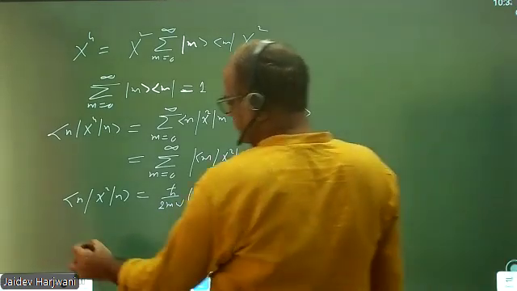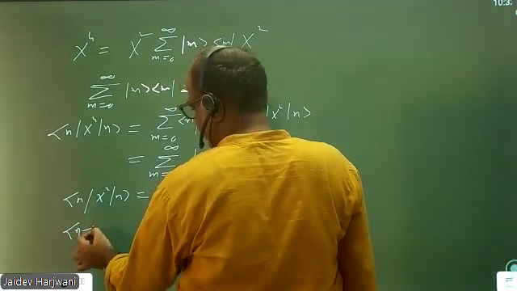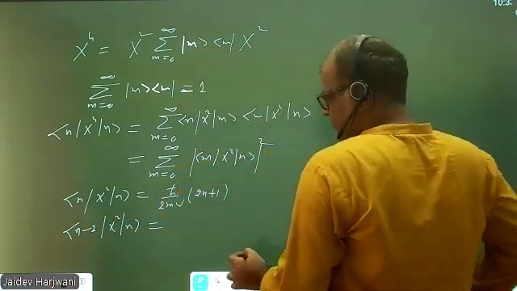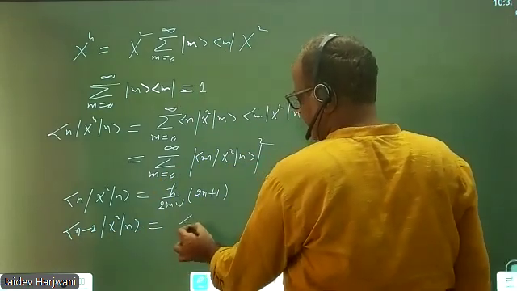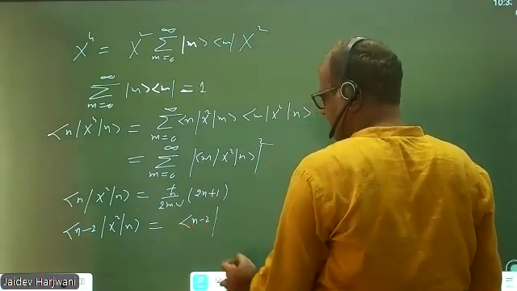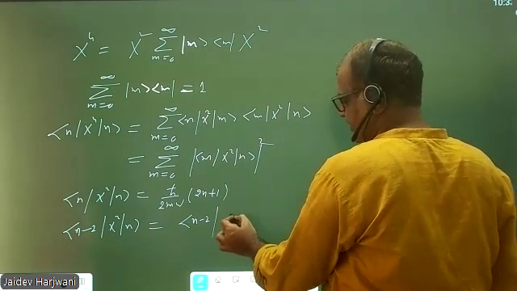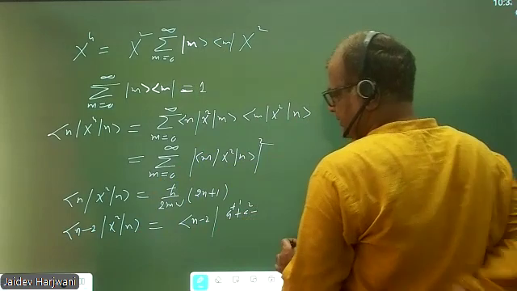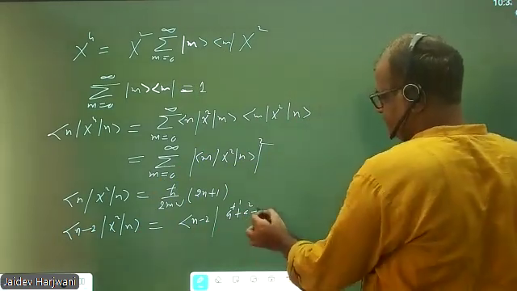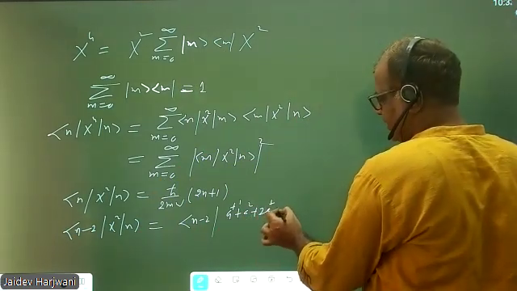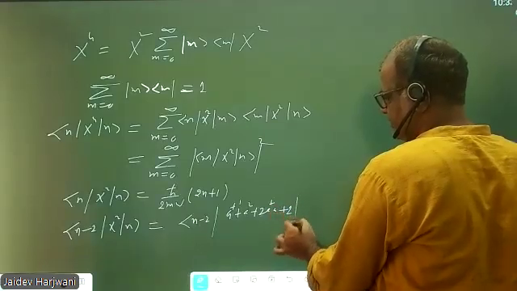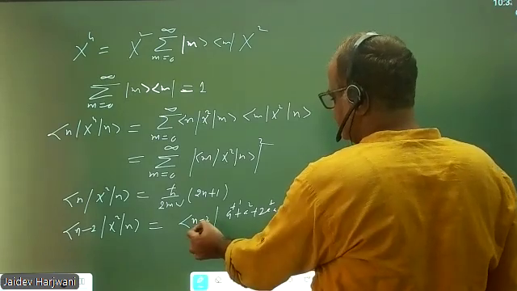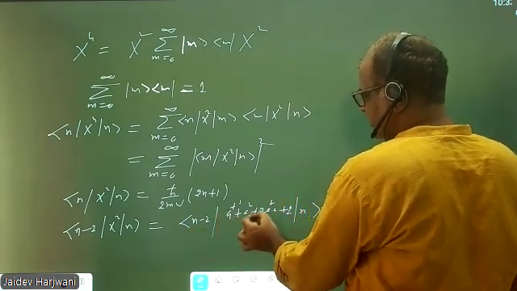Now let us calculate ⟨n−2|x²|n⟩, which is equal to ⟨n−2| x². We already wrote x², this is (a† squared plus a squared plus 2a†a plus 1). When this is n minus 2, only the a² term is important.